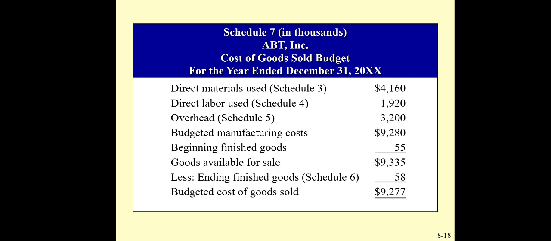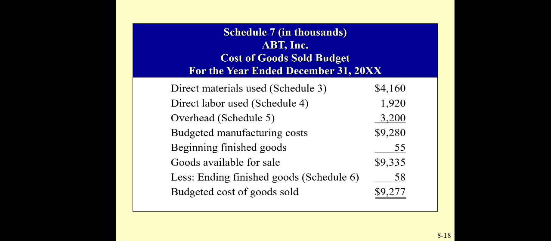In the cost of goods sold budget, the first item that you have to show is direct material use. This number is coming from the direct material budget, which in this lecture notes we call schedule 3. And then you can check the previous slide.